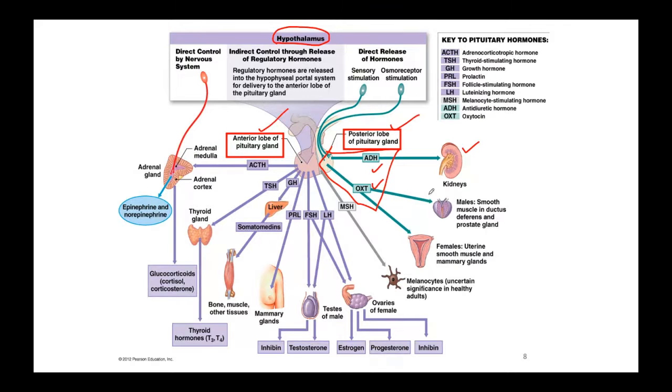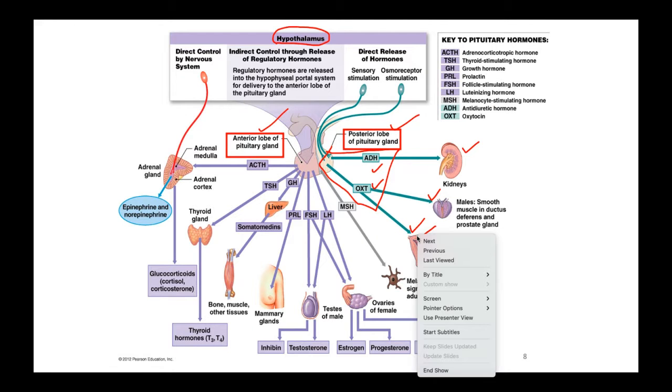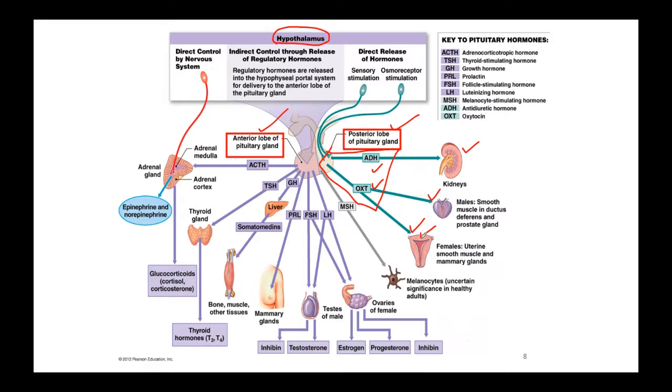Oxytocin is going to affect both the male and the female reproductive tract. In the female reproductive tract, it's going to act on the muscular layer, the thickest layer of the uterus. Now the uterus has three layers. It has an endometrium, a myometrium, and an perimetrium all the way on the outside.